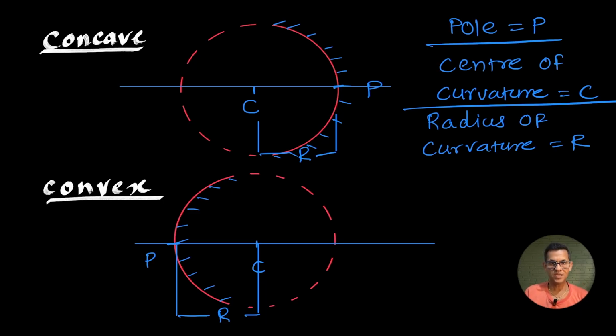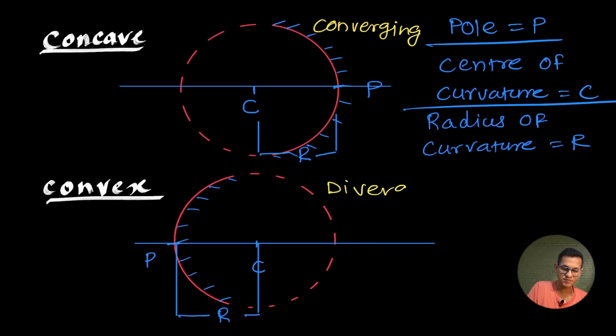A concave mirror is a converging mirror, whereas a convex mirror is a diverging mirror. So let me write it. Concave is converging, whereas convex is diverging.